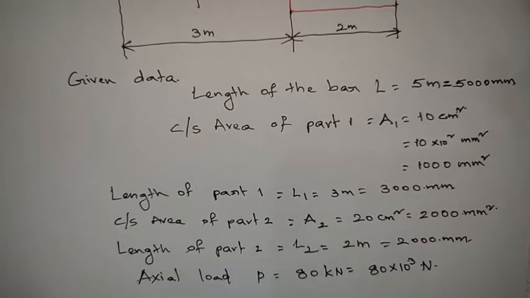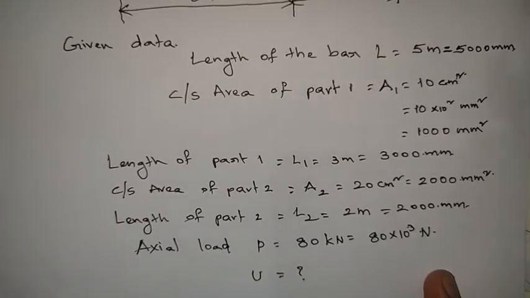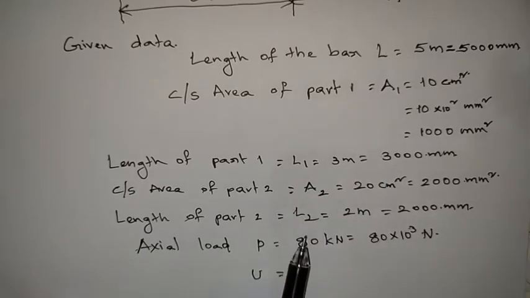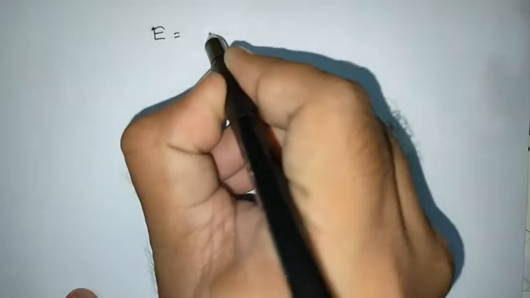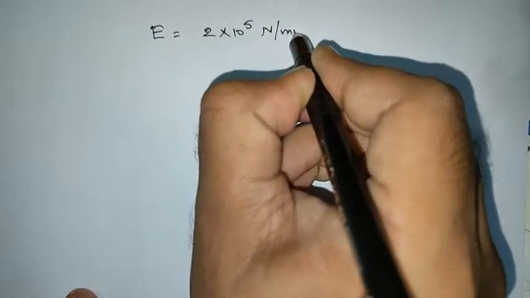Now he is asking us to find the total strain energy, that means the U value. So let us calculate it. First let us calculate the strain energy stored for part 1 and then for part 2. Young's modulus value E also is given to us: E equals 2 into 10 power 5 Newton per mm square.